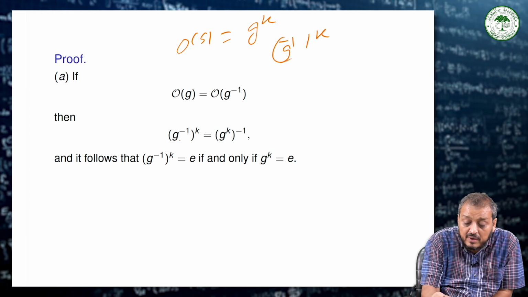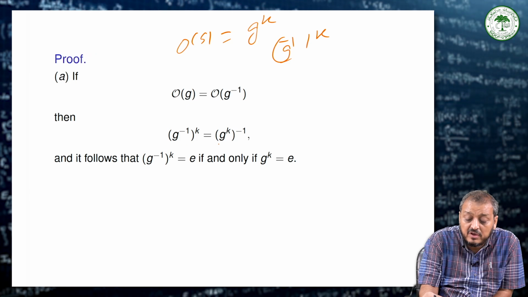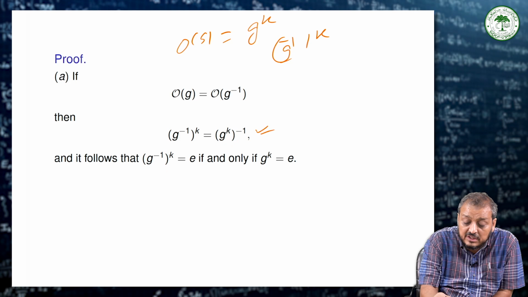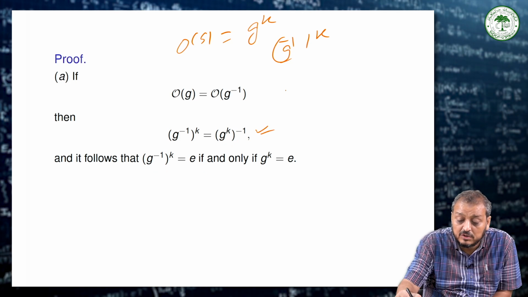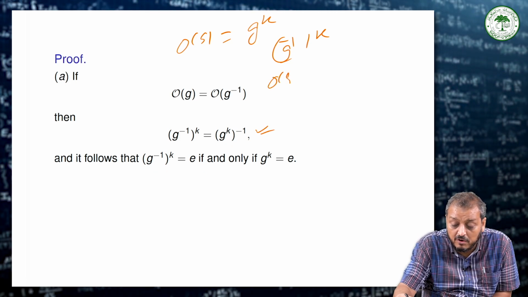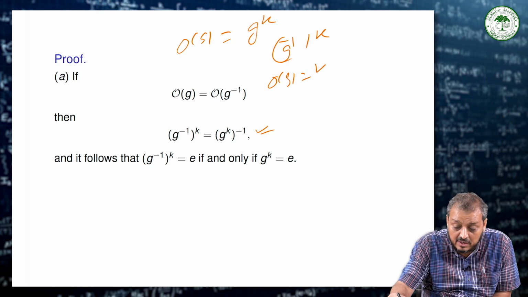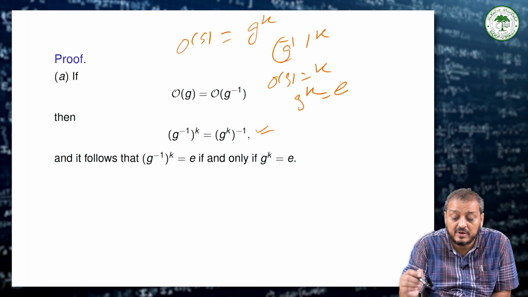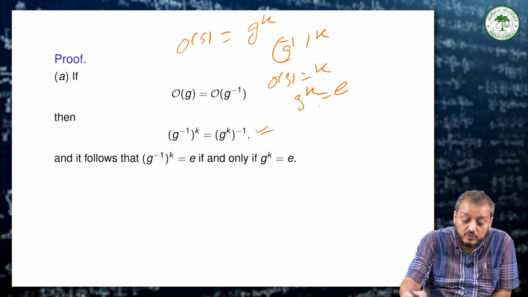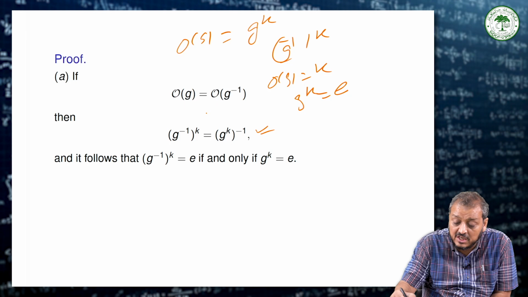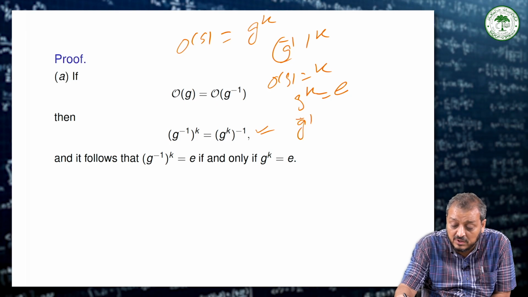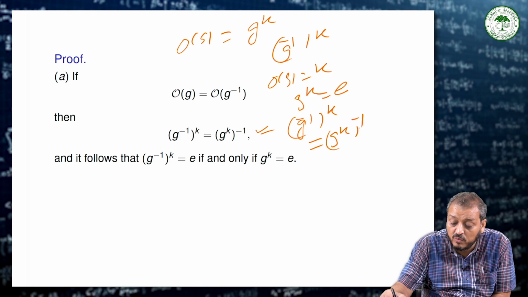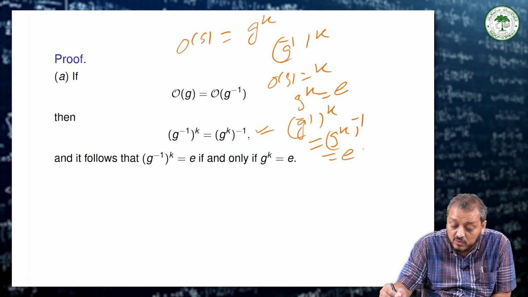G inverse to the power k is equal to g to the power k, inverse. If the order of g is equal to k, then g to the power k is equal to identity. So we can say that g inverse to the power k can be written as g to the power k, inverse, and g to the power k is equal to identity.